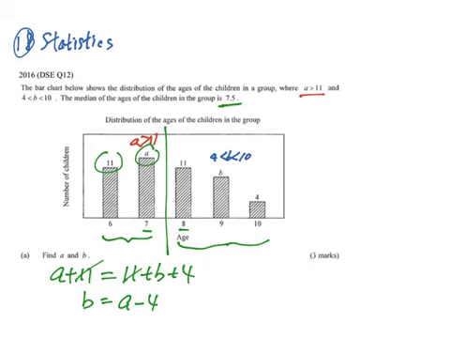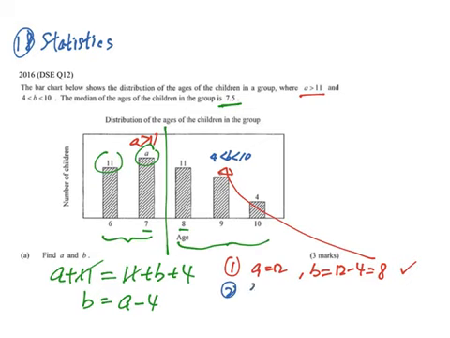So we'll guess A to find B. Because A is bigger than 11, first we guess A is 12. When A is 12, B is 12 minus 4, which is 8. 8 is between these two numbers, so it is correct. Next, we guess A equal to 13, so B equals 13 minus 4, which is 9.